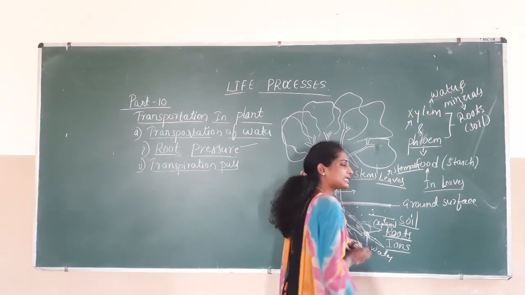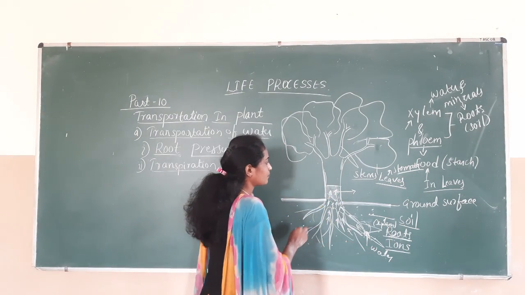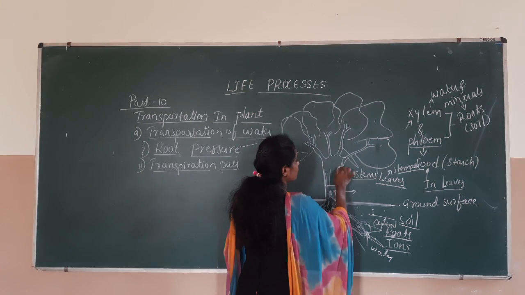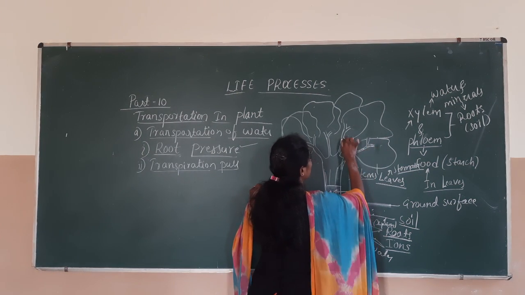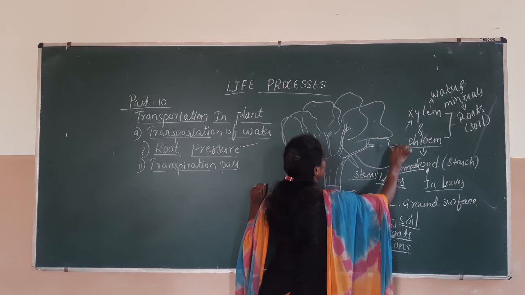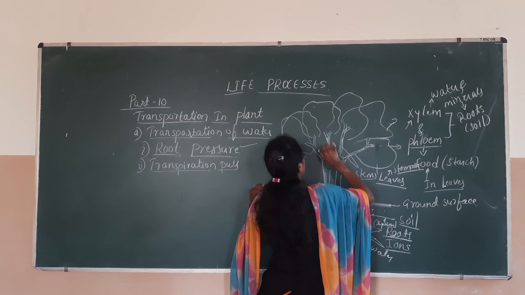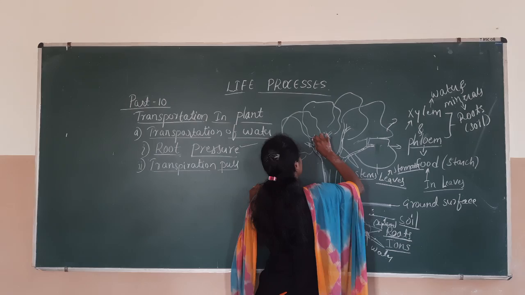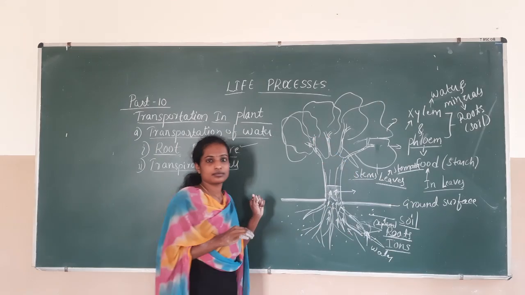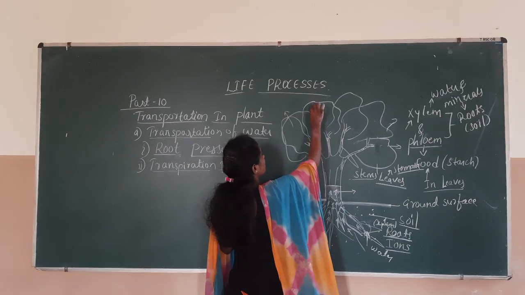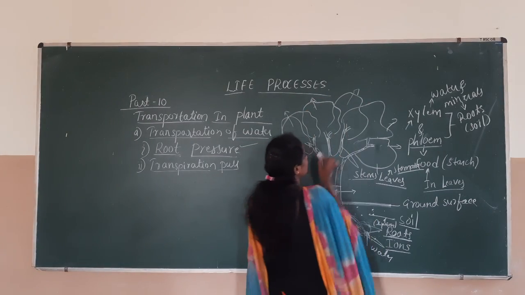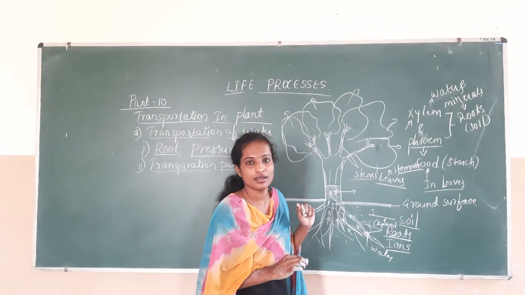So whenever the loss of water from the stomata of the leaves takes place, during that time the xylem, which is connected to the stem as well as leaves, the water will move to the xylem of the leaves and the stem. From the xylem of the leaves, the water then diffuses towards the stomatal aperture.